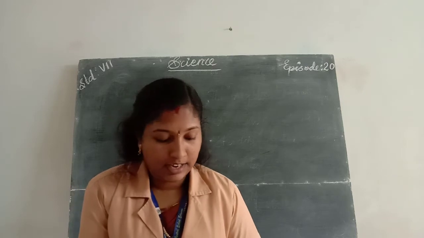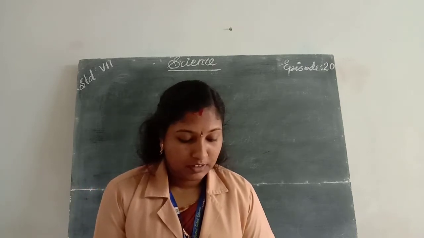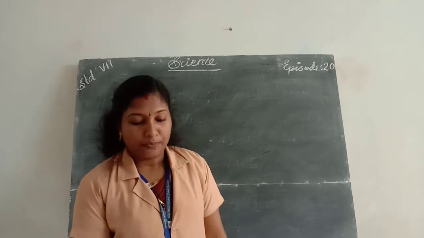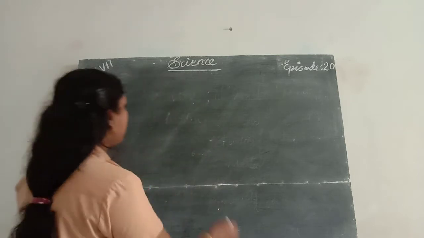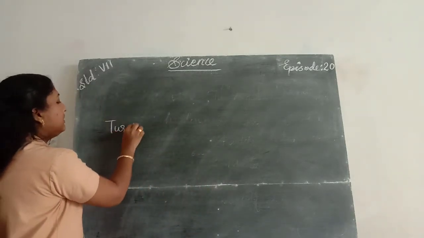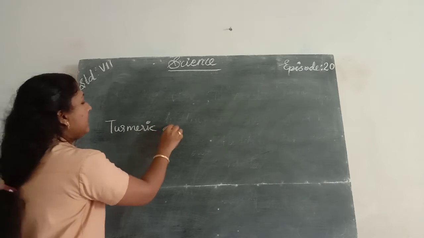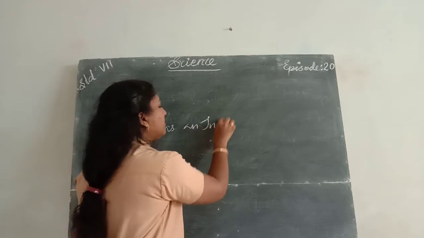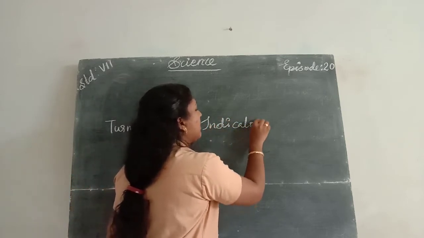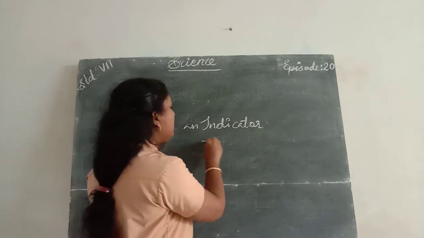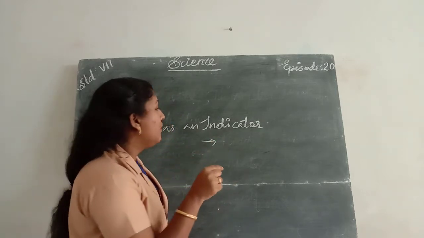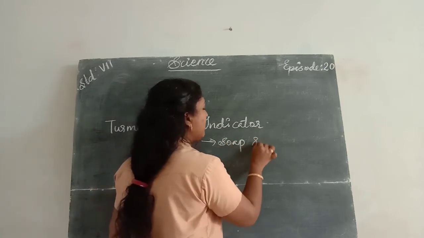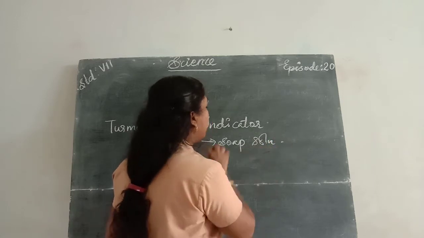Okay, in the next step, if we use turmeric as an indicator, first of all we add some drops of soap solution onto the turmeric indicator.